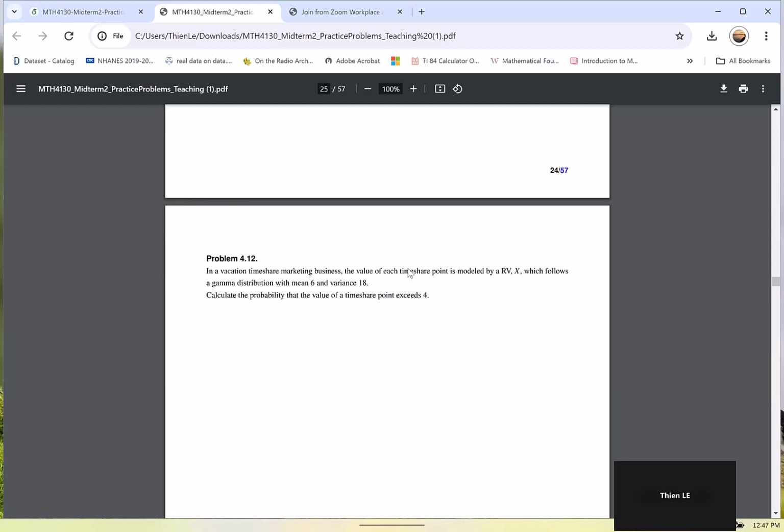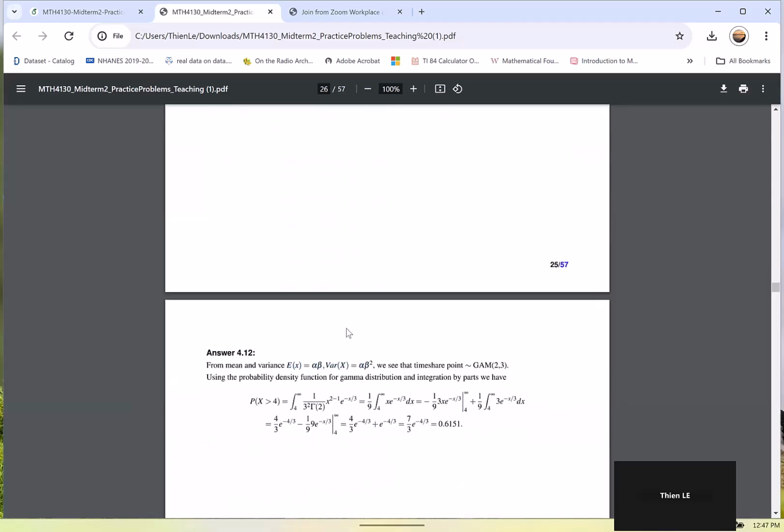Okay, so here in this case, we have a gamma distribution. For the gamma, we should know its properties. From the mean and variance here, we model it as gamma with parameters 2 and 3.